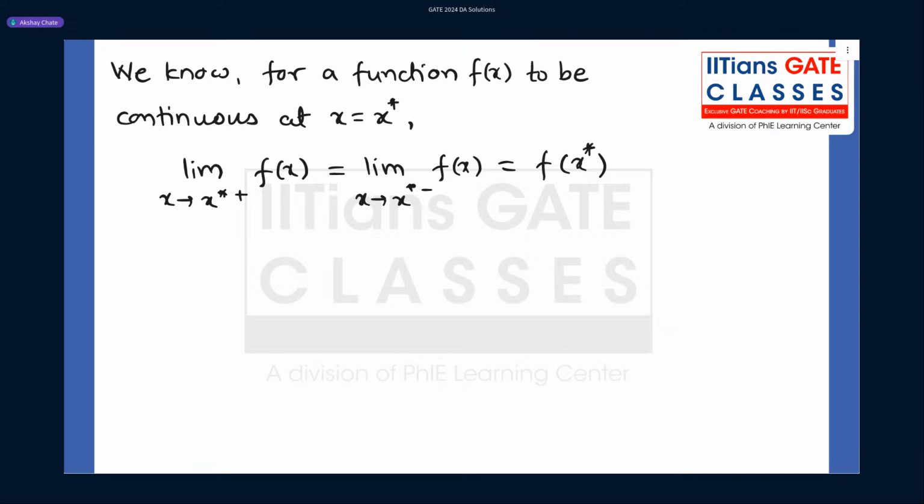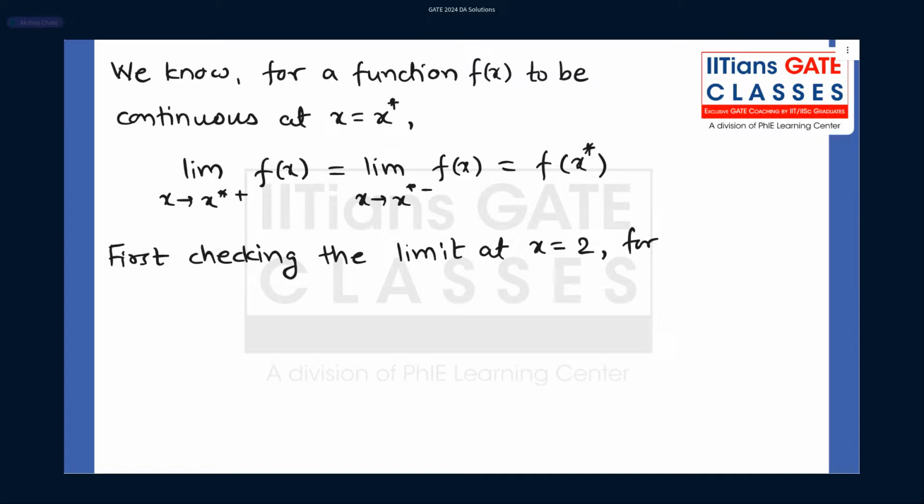So we have to check the limit first at x equal to 2. The necessary condition for f of x to be continuous at x equal to 2 is that it should satisfy the limit definition.